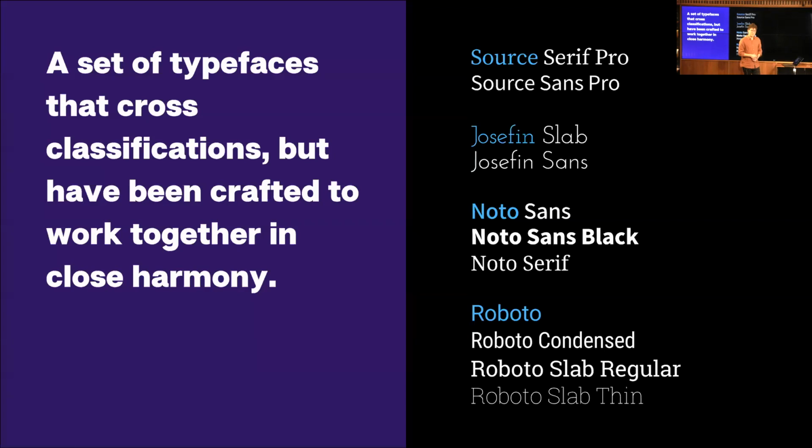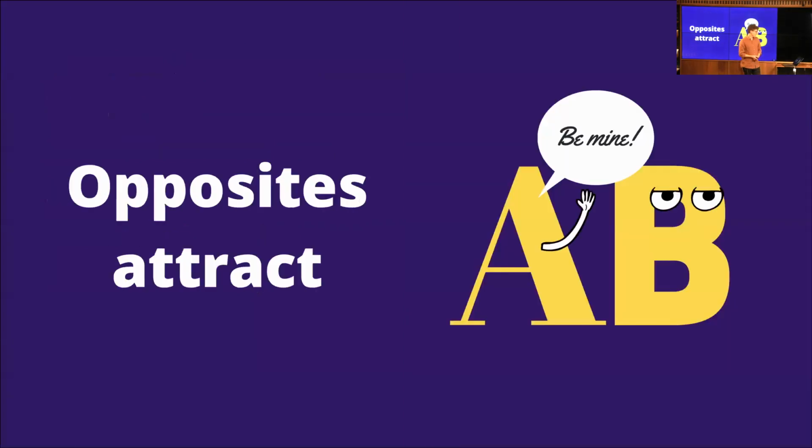If we want to get a little bit more wild with our font choices, another good tip here is to remember that opposites attract. So for the designers in the audience, maybe some of you have tried pairing fonts together, maybe two different sans serif fonts, and you put them on the page and they just don't look good together. They seem to be sort of conflicting. And that's because they're too similar.